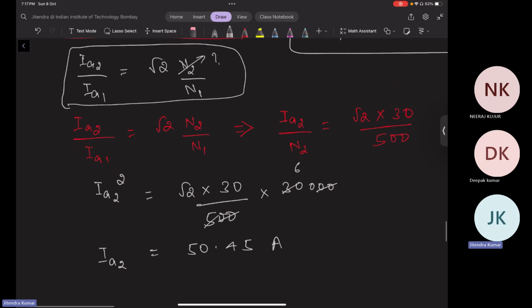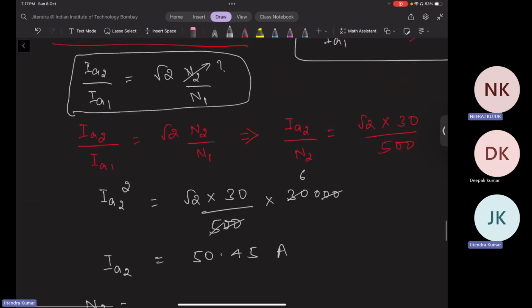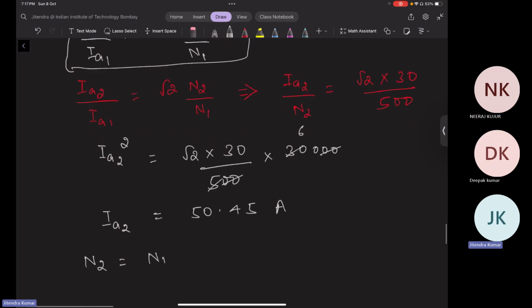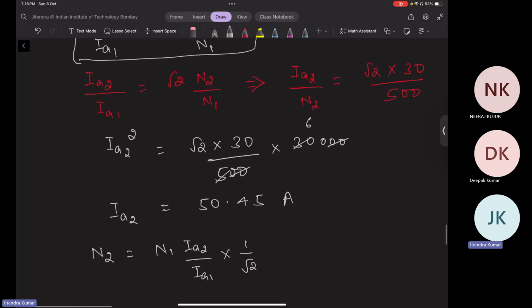Now we can plug in this value of IA2 in any expression, right? We know everything. We just need to find N2. So N2 is equal to N1 into IA2 by IA1 into 1 by root 2, which will be equal to N1 is 500, IA2 we have calculated 50.45, IA1 is 30.